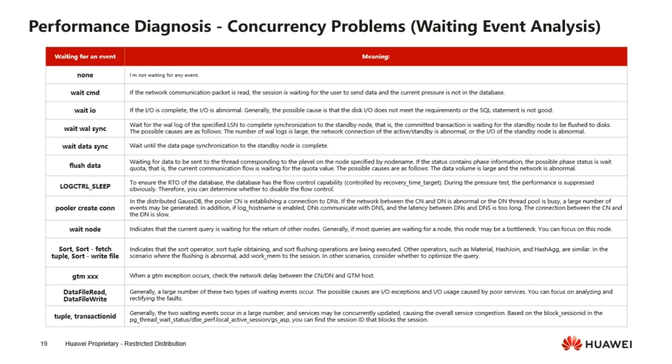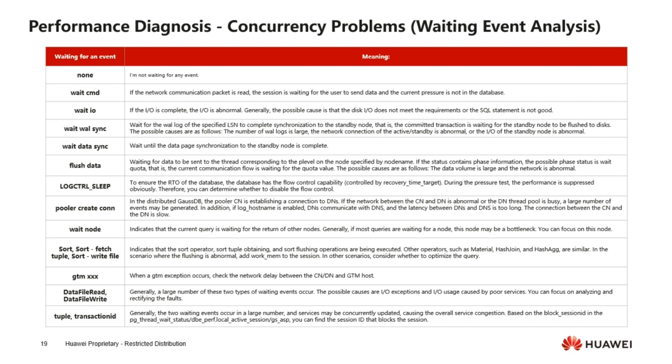In the last slides, we gave you some views that you can query for internal events, and here is a list of those events. I will point out several of them, but will not go through them one by one. None means just that the database is not waiting for anything and is running normally. Wait command means that the database is waiting for requests from the application.